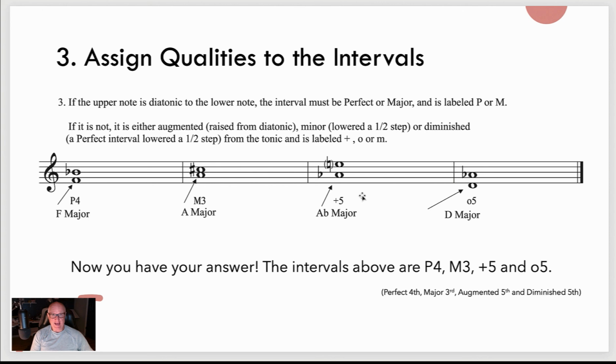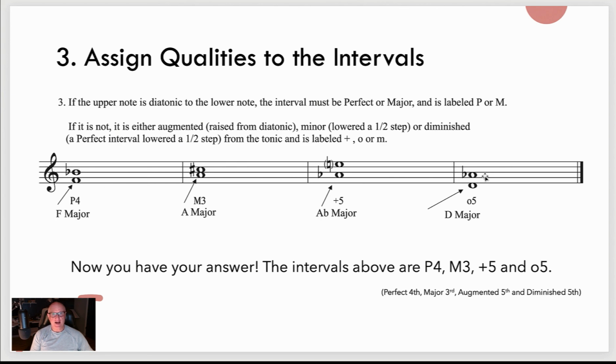With A flat, look at this. E natural is a half step higher than the E that occurs diatonically. The E that normally occurs in A flat is E flat. So this is up a half step. It's an augmented fifth. It's totally cool how this works. And then the last one, the D with the A flat that's above it.